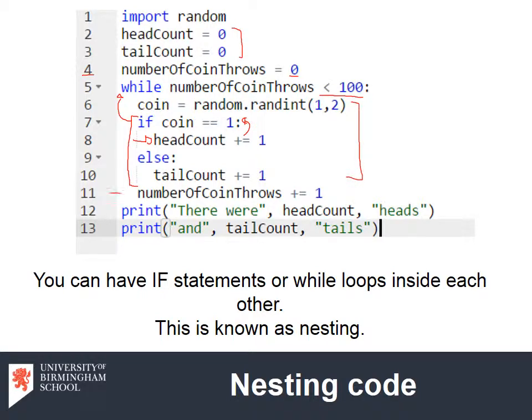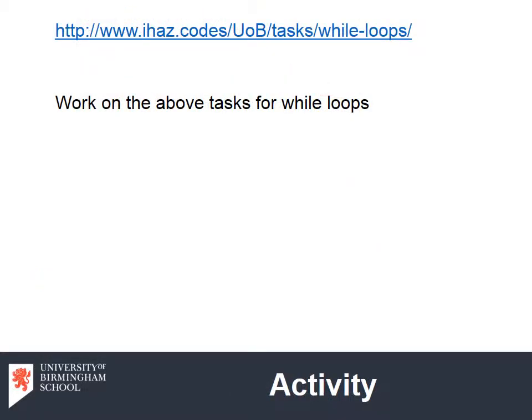I've got the code that I'm repeating, which is right here, and then I've got my way from the start to end, which is here, number of coin throws plus equals 1. So it's going to run this inner bit of code 100 times. Once it's finished, it then runs these last 2 lines of code to say how many heads and how many tails it saw. So you can have if statements or while loops inside each other.